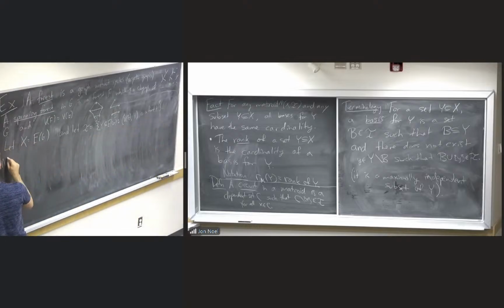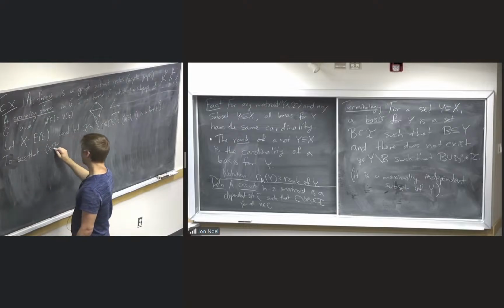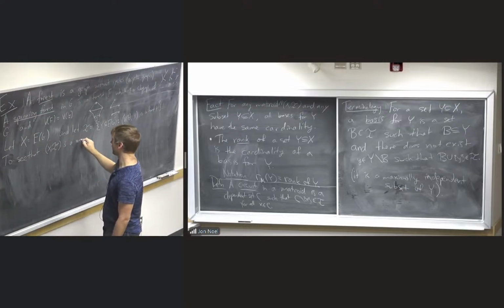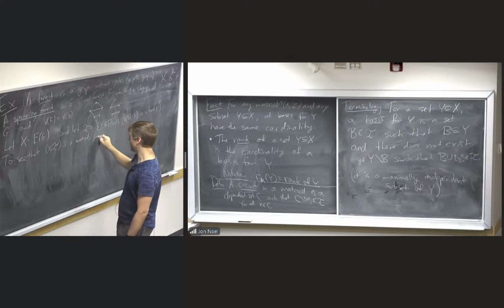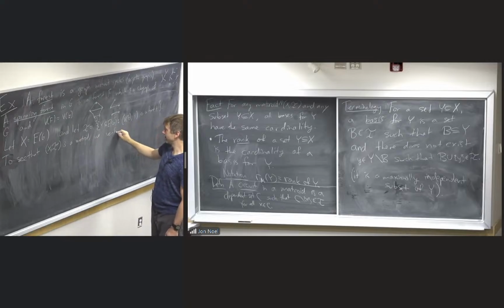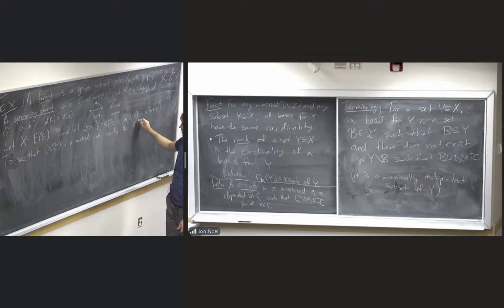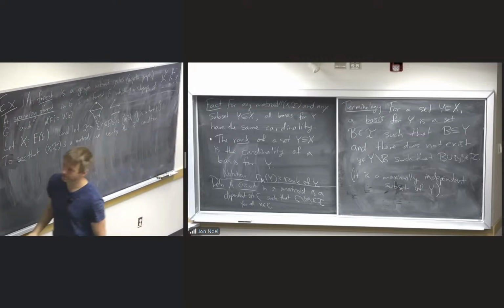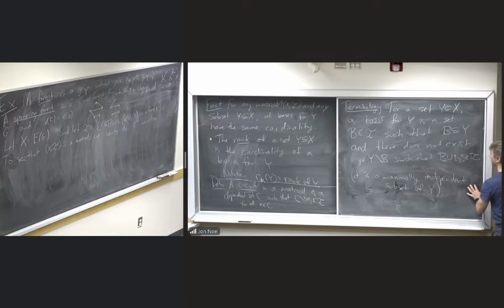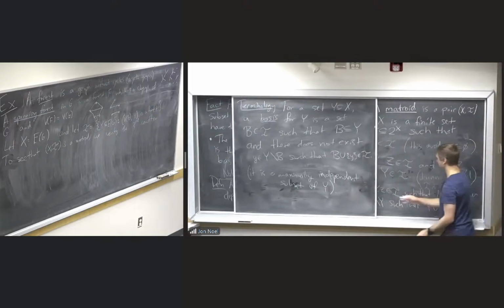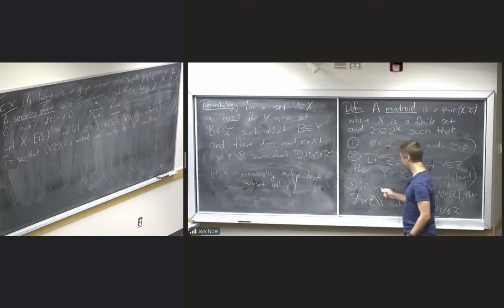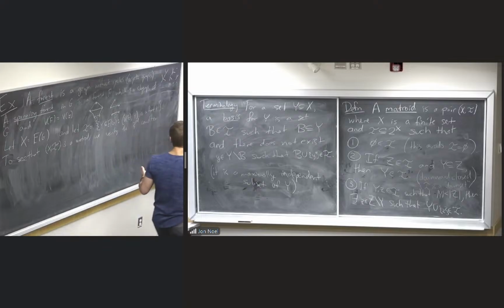To see that (X, I) is a matroid, we verify the third condition, because like I said, the first 2 conditions are pretty easy.